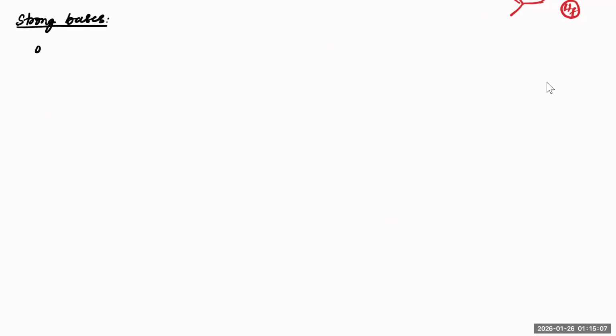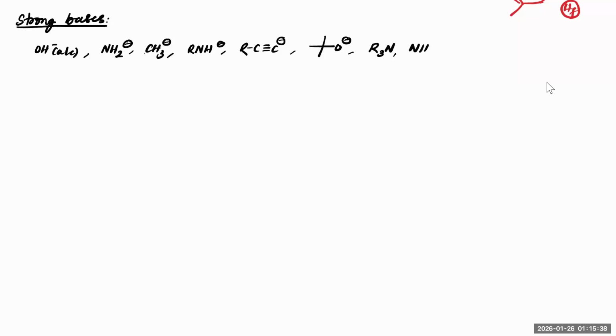OH minus alcoholic, NH2 minus, CH3 minus, RNH minus, RC triple bond C minus, then tert-butoxide, then trimethylamine, and ammonia in some cases.